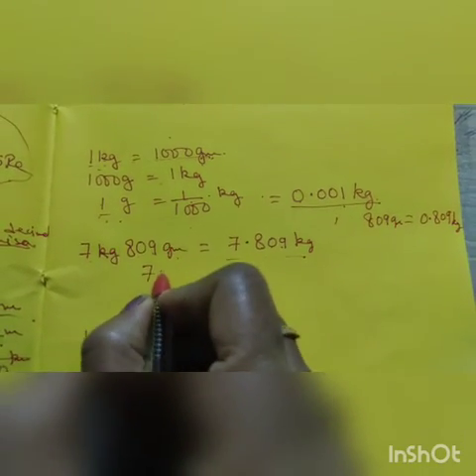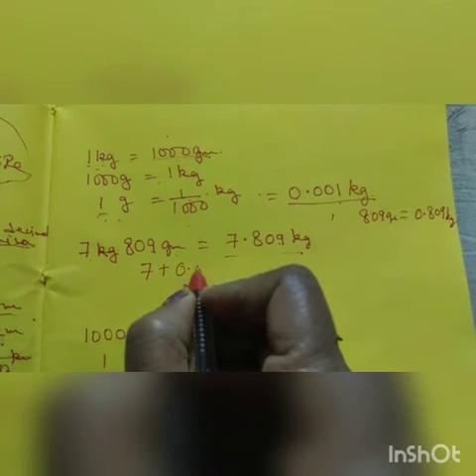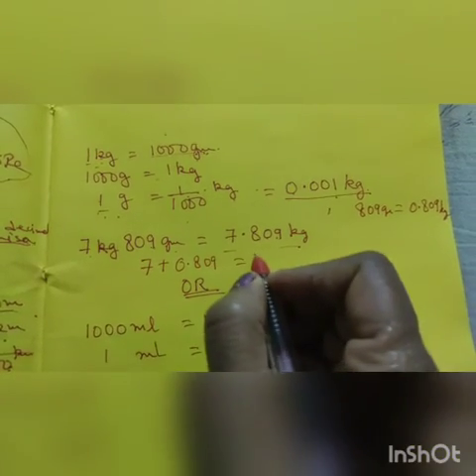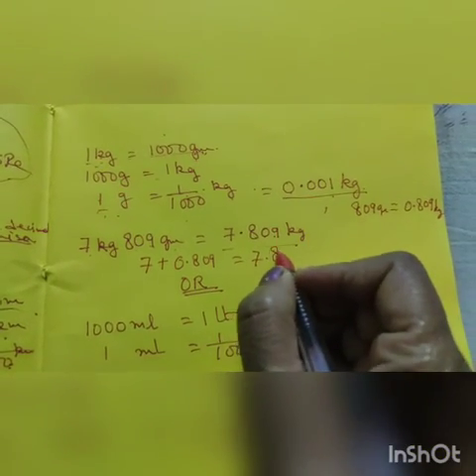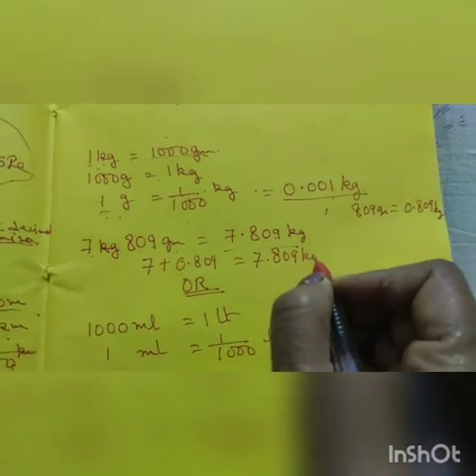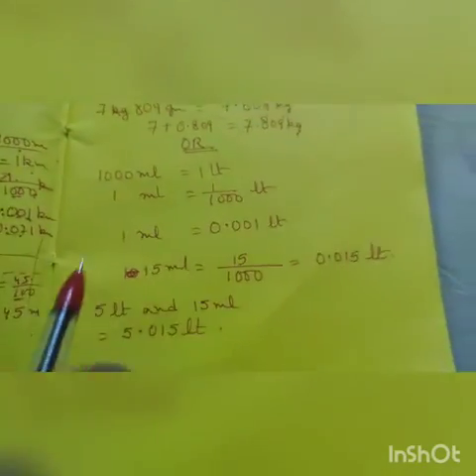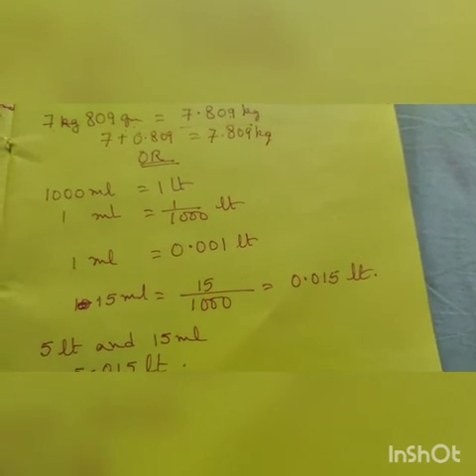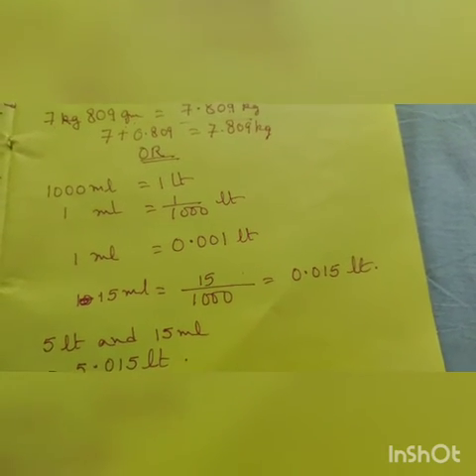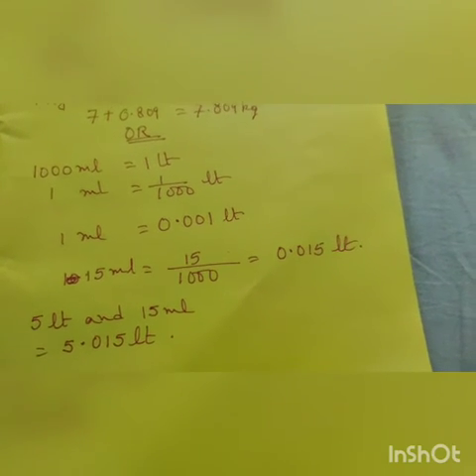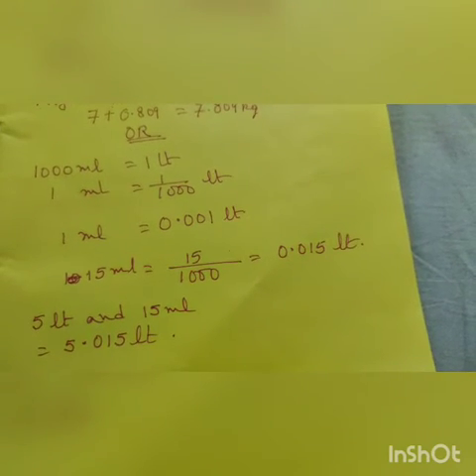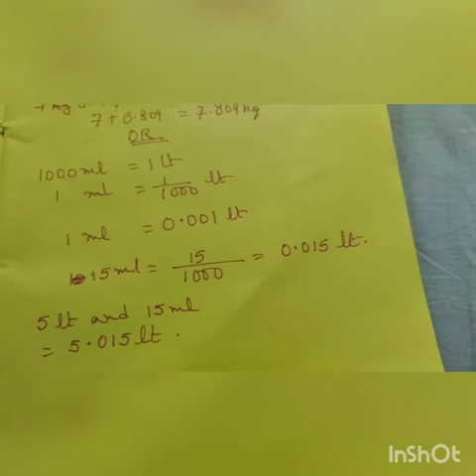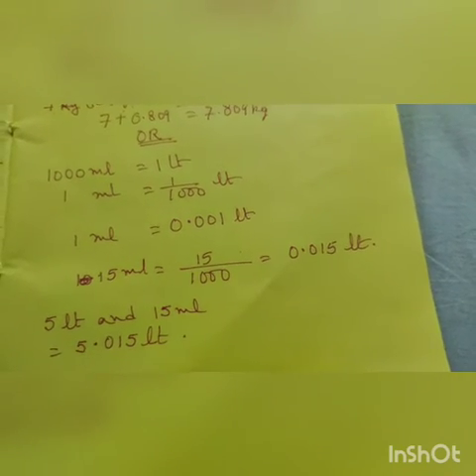We will be adding 7 and 0.809. This will lead to 7.809 kg. Okay. This kg is for the measurement of the weight of, suppose, fruit, vegetable, or even cloth, or anything when you are weighing something.